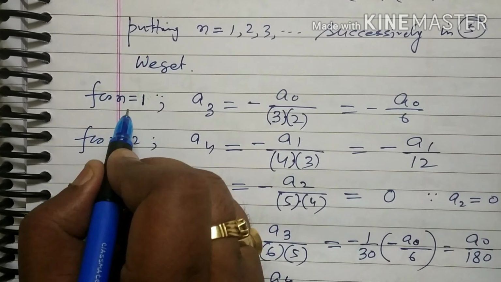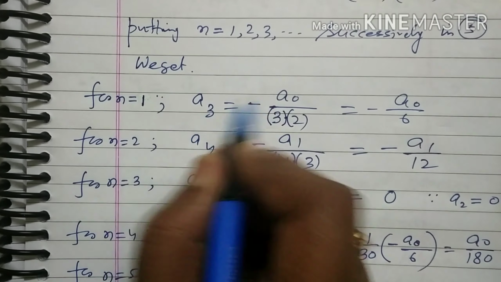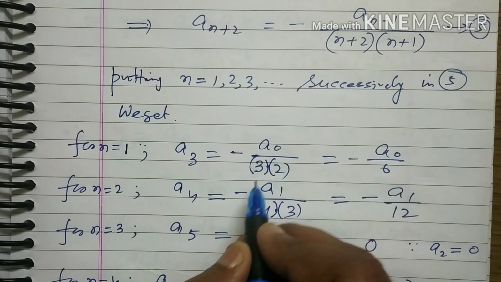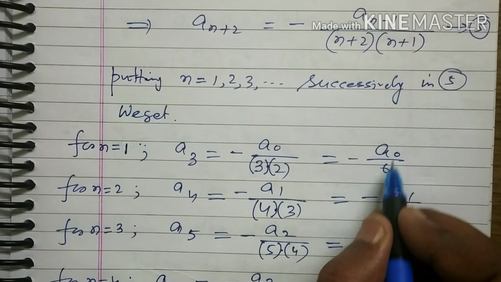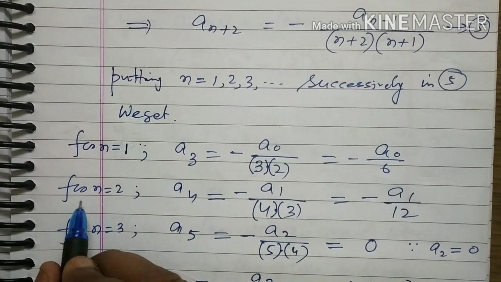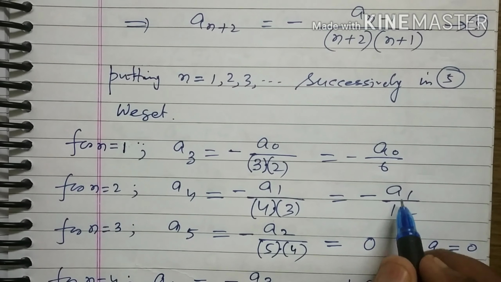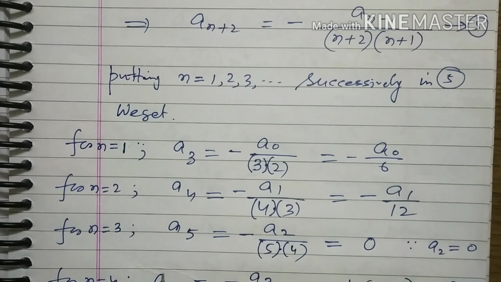Now for n equals 1, a3 equals minus a0 by 3 into 2, that is minus a0 by 6. For n equals 2, a4 equals minus a1 by 4 into 3, that is minus a1 by 12.